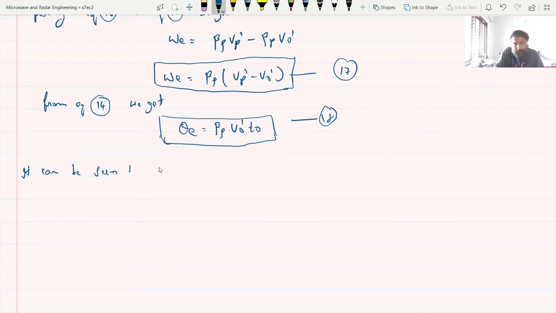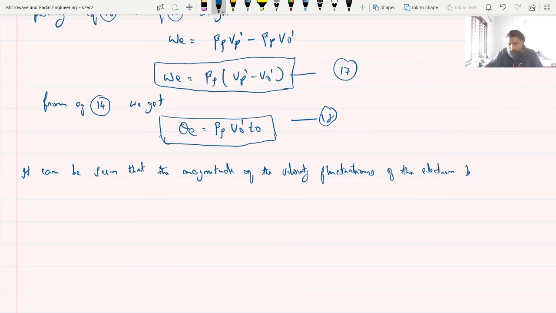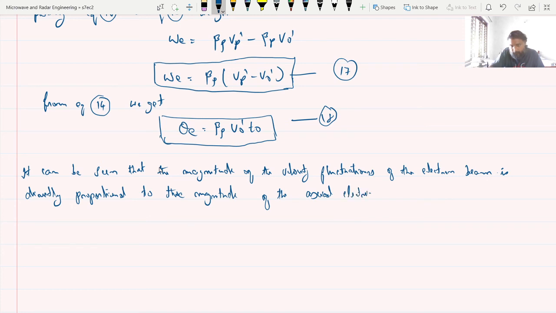It can be seen that the magnitude of the velocity fluctuation of the electron beam is directly proportional to the magnitude of the axial electric field.